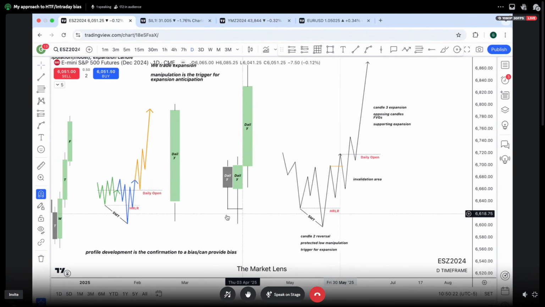This idea right here is fractal. So this being the 6 a.m. candle, this being the 10 a.m. candle, what we saw is the 6 a.m. candle reversing, creating the high of the day. So we expect 10 a.m. to expand. What we see here is what we see on 6 a.m., except we see something like this, where 930 reverses. We see an opposing candle created at 930.